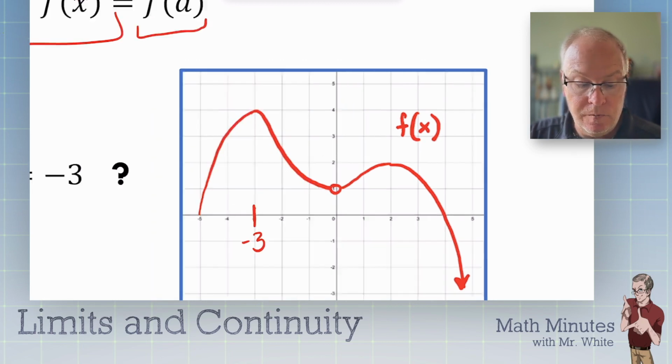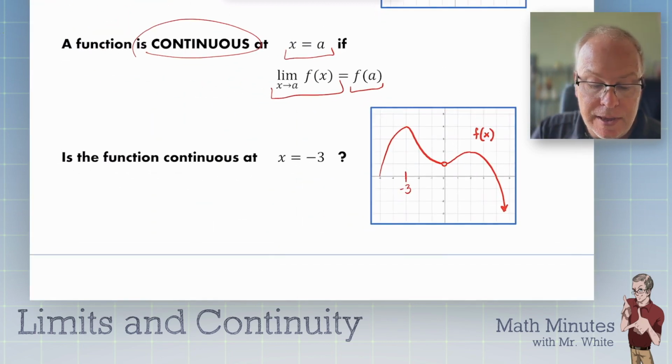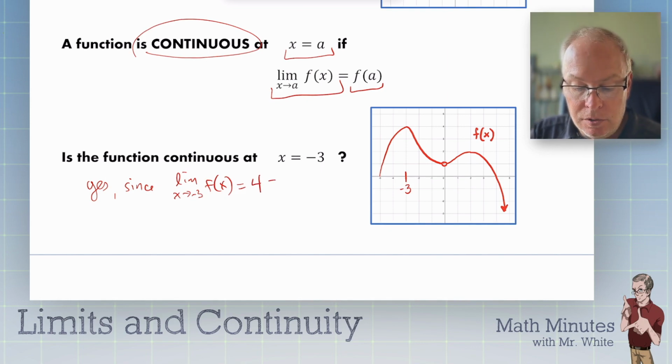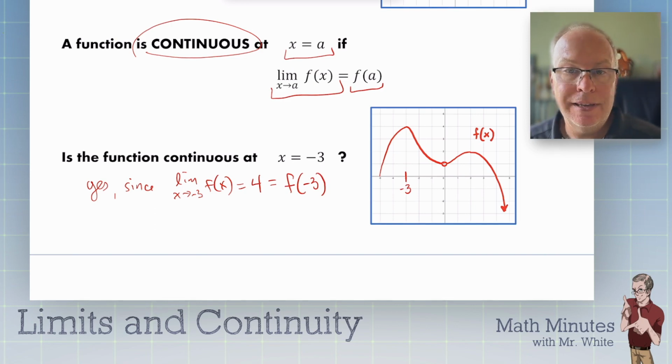It is also 4. So let's write that out. Yes, since the limit as x approaches -3 of f of x is 4, and that is also f of -3, they all equal the same thing. Therefore, this graph is continuous at x equals -3.